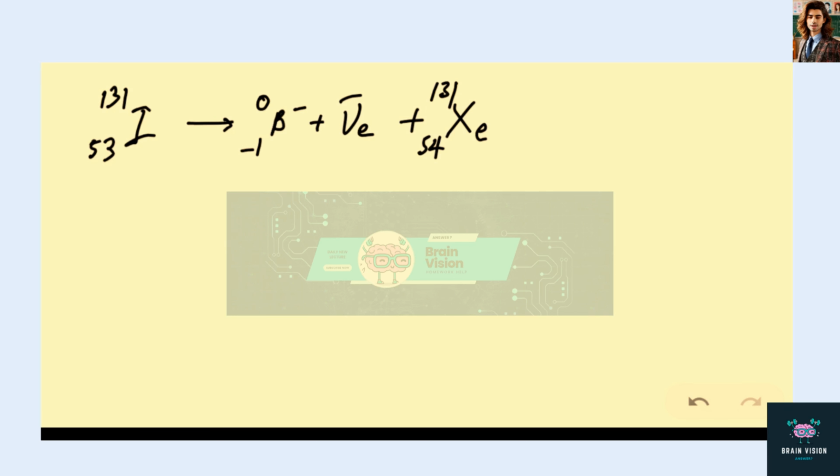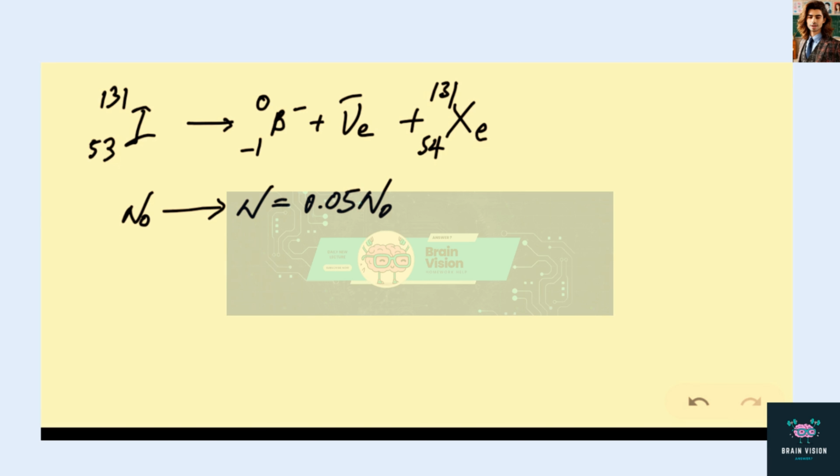Now we are given an unknown amount, say activity or number of nuclide to be N0, and we want to find how long it will take for N0 to decay to 5% of its original value, so that is 0.05 times N0.